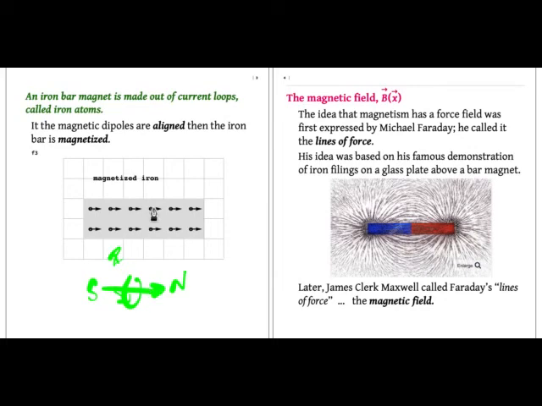So magnetism originates in the currents which occur microscopically, that is to say, in atoms. Now, we're also going to find that macroscopic currents create magnetism. For example, that's what happens in an electric motor. In an electric motor, you have coils of wire carrying current.